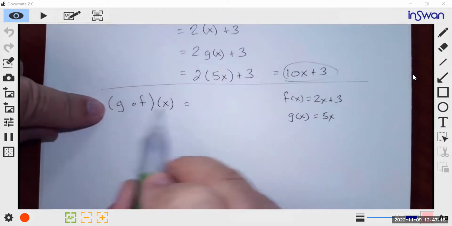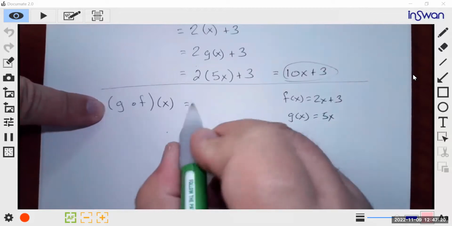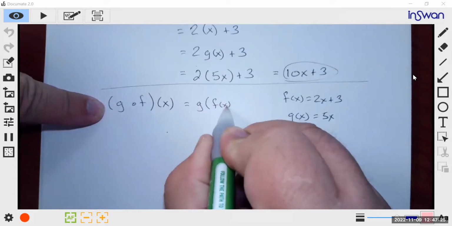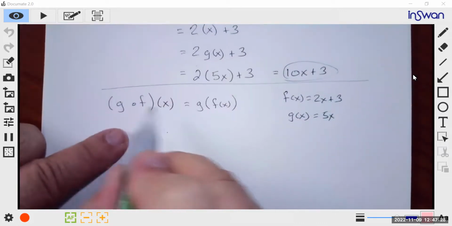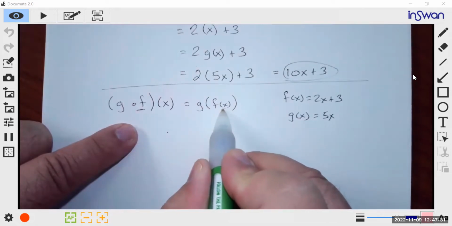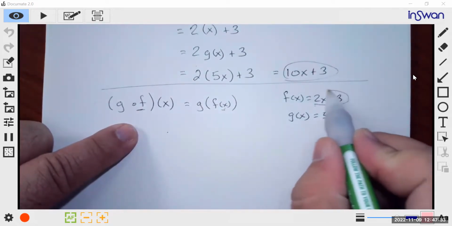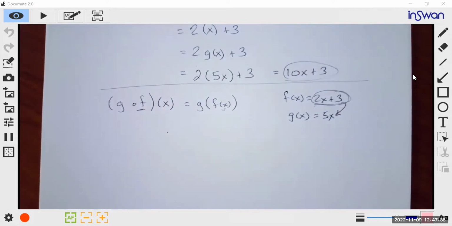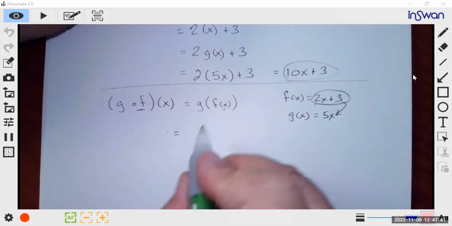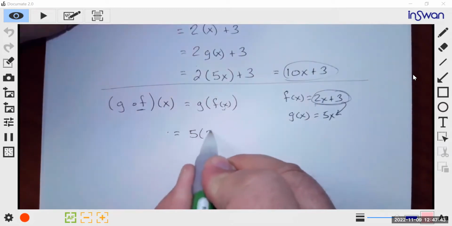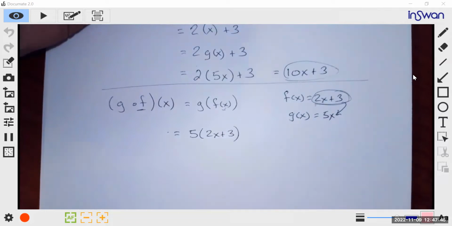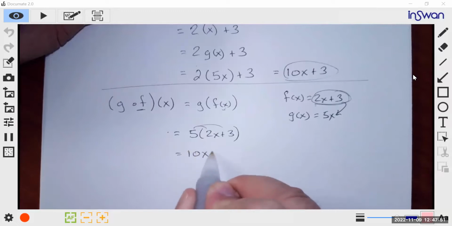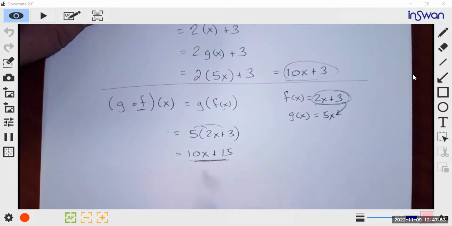So what is this really telling us? It's telling us, since the f is the inside function, whatever this function is goes in place of x in the outer function. So what that says is 5 times 2x plus 3. Then 10x plus 15. And there's that answer.